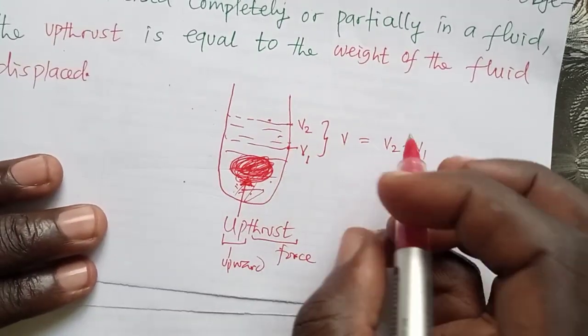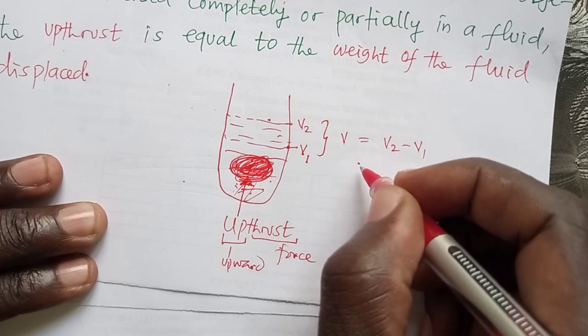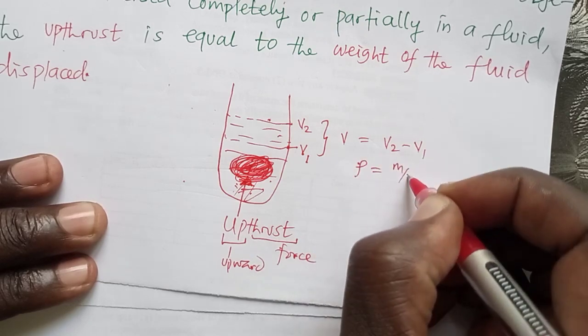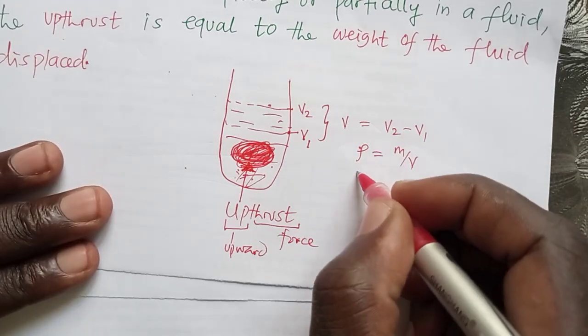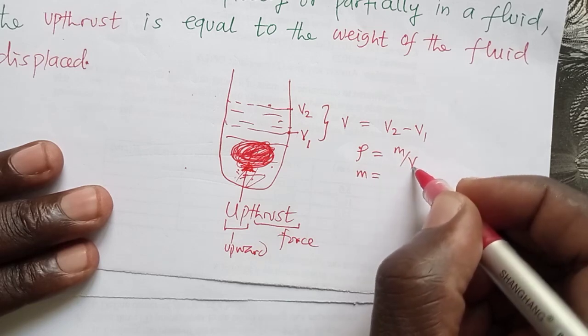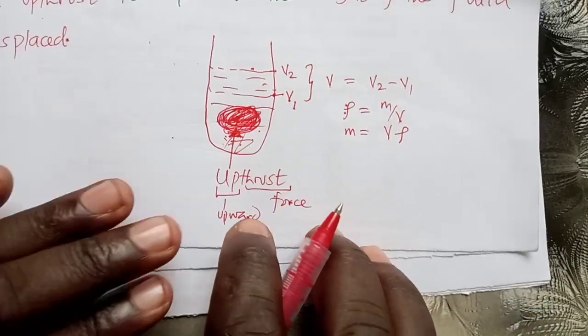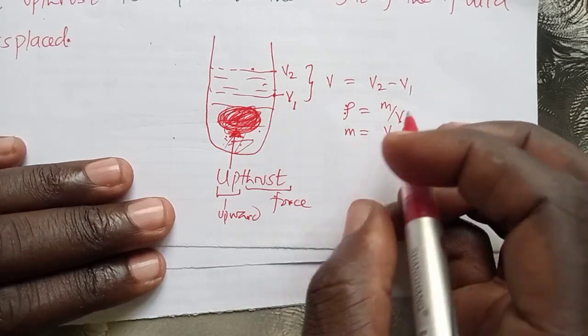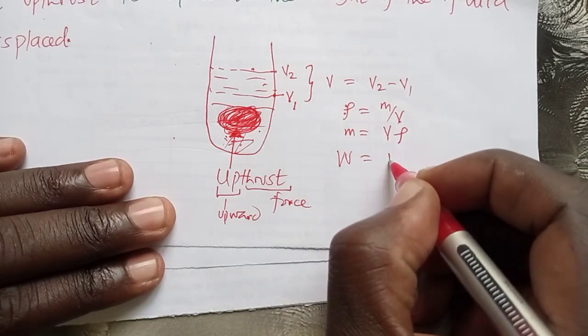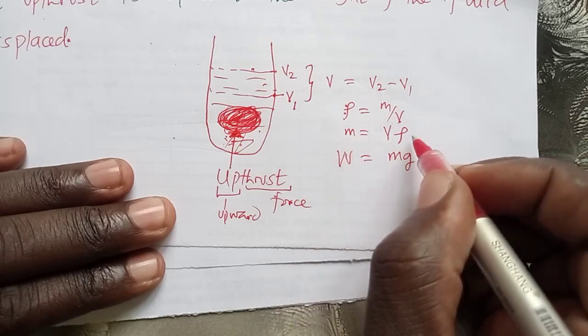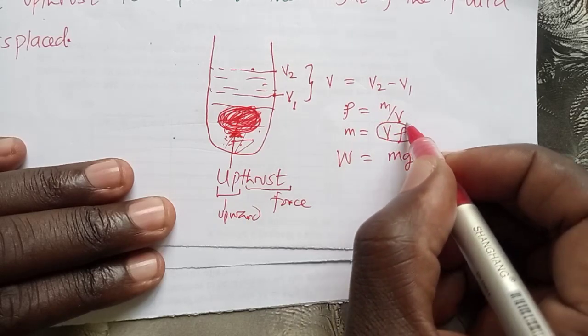Then the mass, we know that density is mass over volume, so the mass of the liquid displaced is volume times density, so this will be V rho. And then weight, we know that weight is mg, and this equation tells you that your mass is V rho.